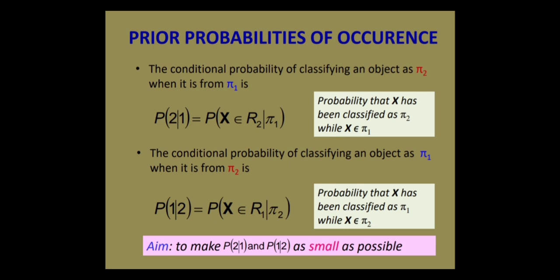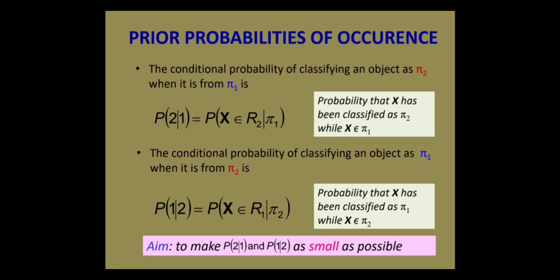So kalau conditional probability P2 given 1 means the probability that X has been classified as pi 2, which is in the region R2, while actually it is from the first population, the first region. P1 given 2 adalah probability that X has been classified as population 1, while actually it is from population 2.